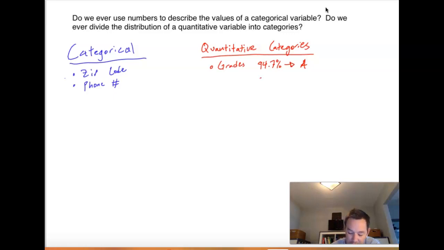If you get an 81.5%, that puts you in the category of a B minus, and so on. But there are lots of other examples when you are looking at a quantitative variable, but it is actually being divvied up into categories. So how much money a household makes, generally we'll put them in lower, middle, upper class. So there's another example.